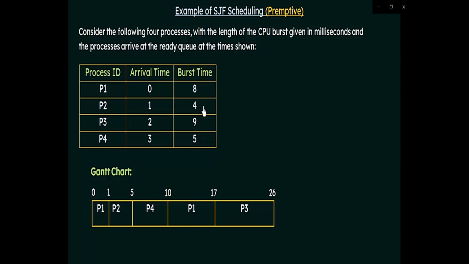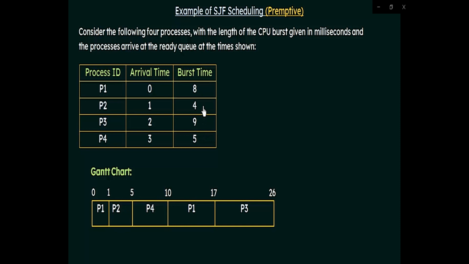As compared to P1, P2 is the shortest job, right? So the CPU is allotted to P2. The burst time of P2 is 4 units, so P2 executes for further 4 units of time, from the first unit of time to 5 units of time.